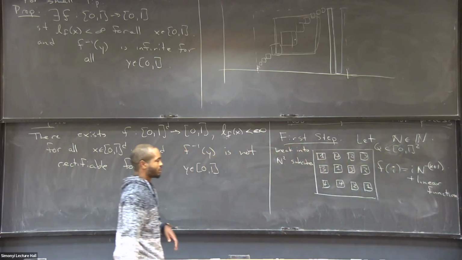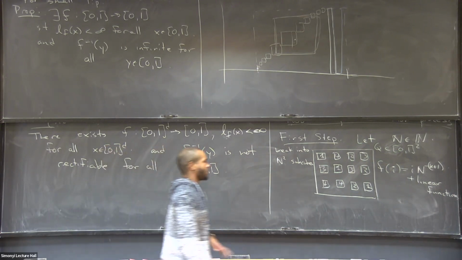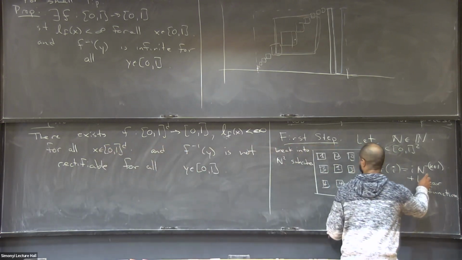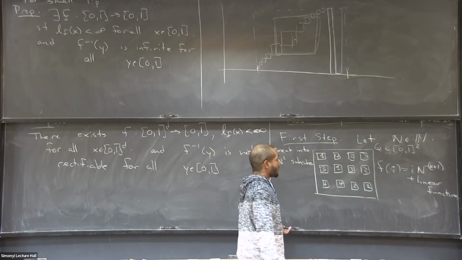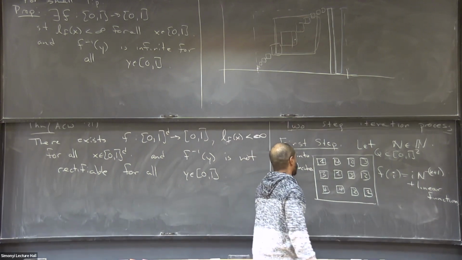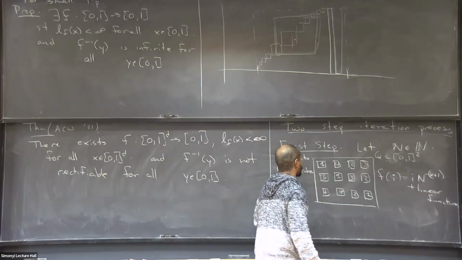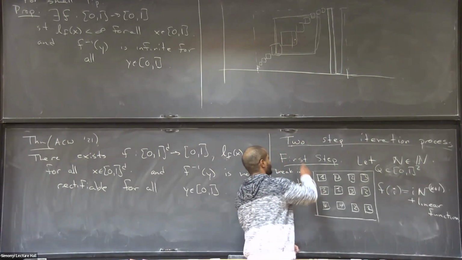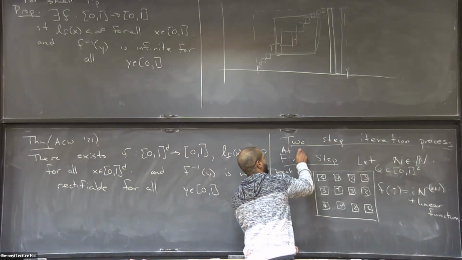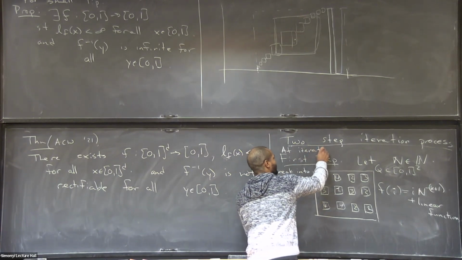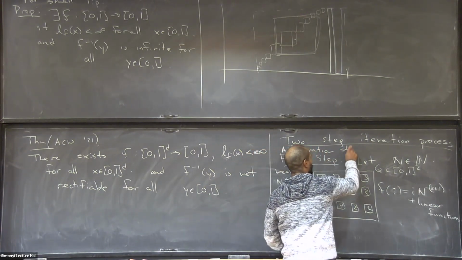Probably a better way to describe it. What is k? k is the step, in the big iteration. Yes, the iteration step.